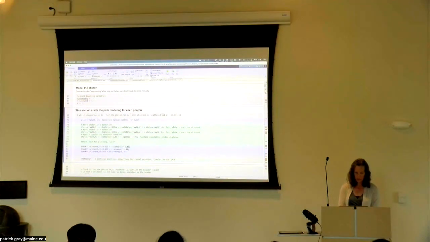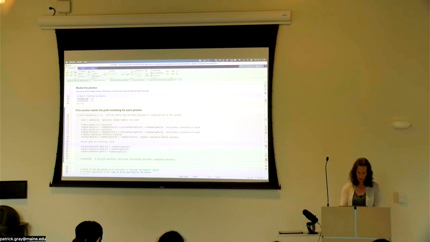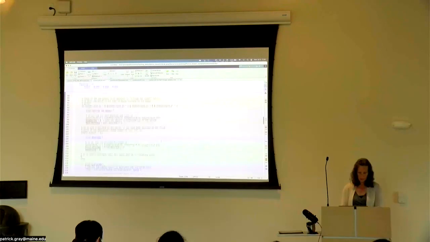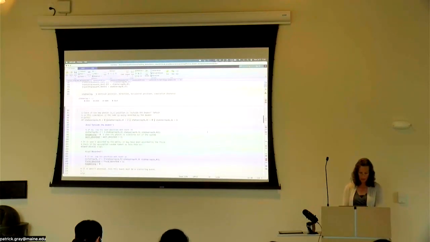They're going to move according to minus the log of the random number over the beam attenuation coefficient. Second random number will take the sine and the cosine of that to figure out the X and the Z motion, and then add that to the previous position. And then compute the cumulative distance traveled. And also track the path so we can plot it later.